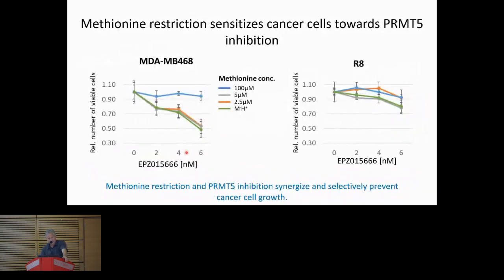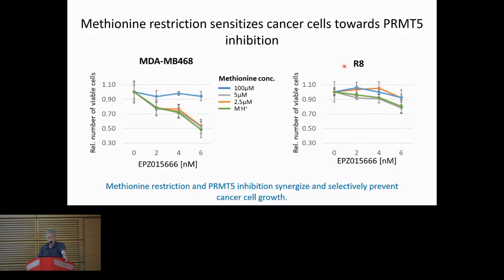What you see on this slide is the growth effect of the methionine-dependent cancer cell line with an increase in concentrations of the PRMT5 inhibitor at various levels of methionine within the cell culture medium. And you compare that to the methionine-resistant cell line, which is down here.